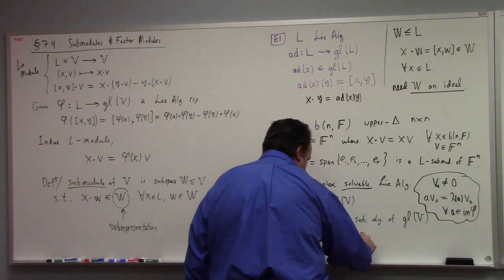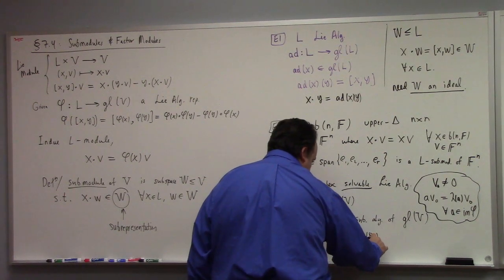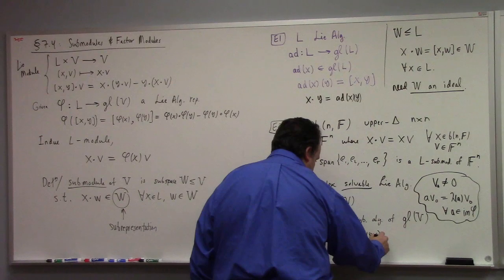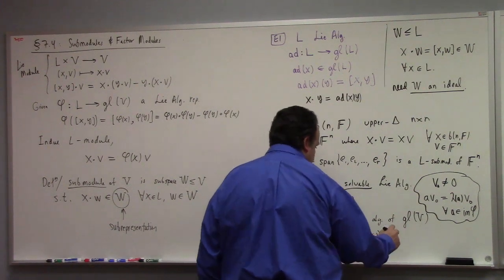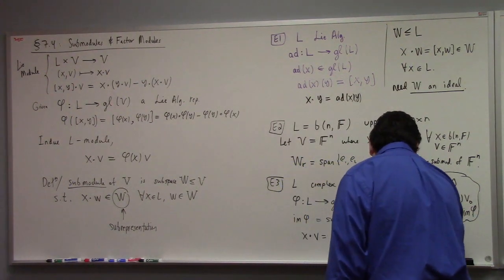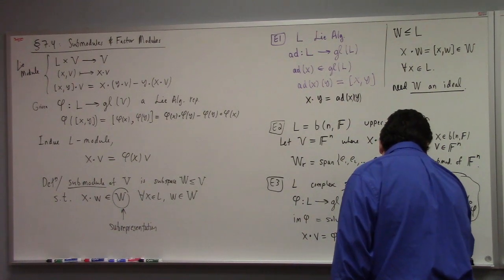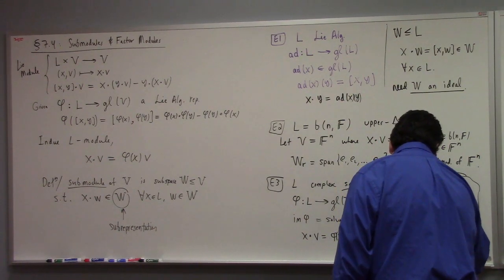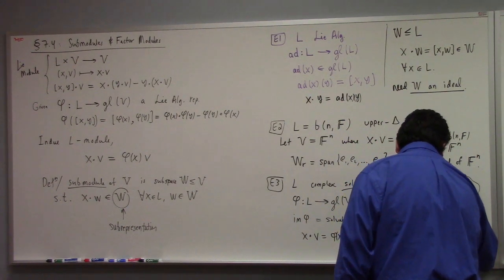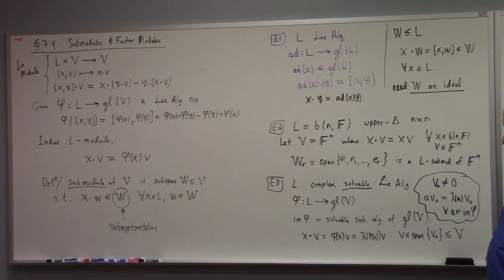But that's equal to lambda of phi of x acting on v, because in here v is an element of the span of v naught, which is a one-dimensional subspace of V. I think that's what's going on here.